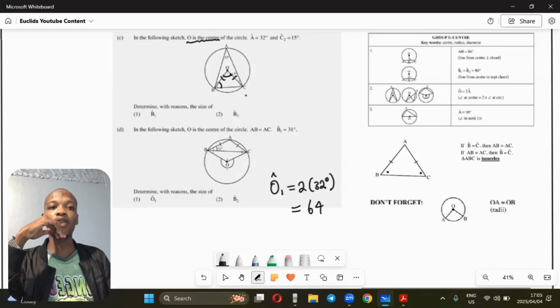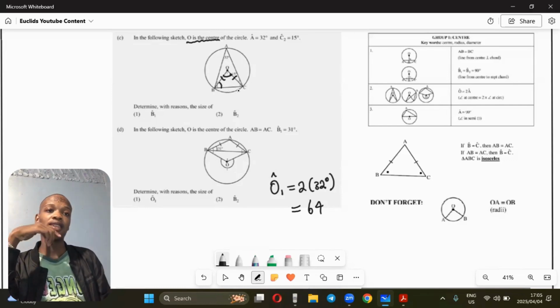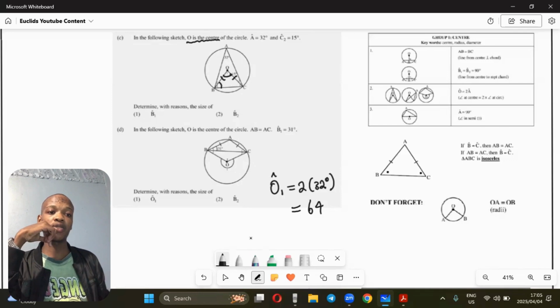To calculate it, we're going to use angles in a triangle. They add up to 180 degrees, you know the story.